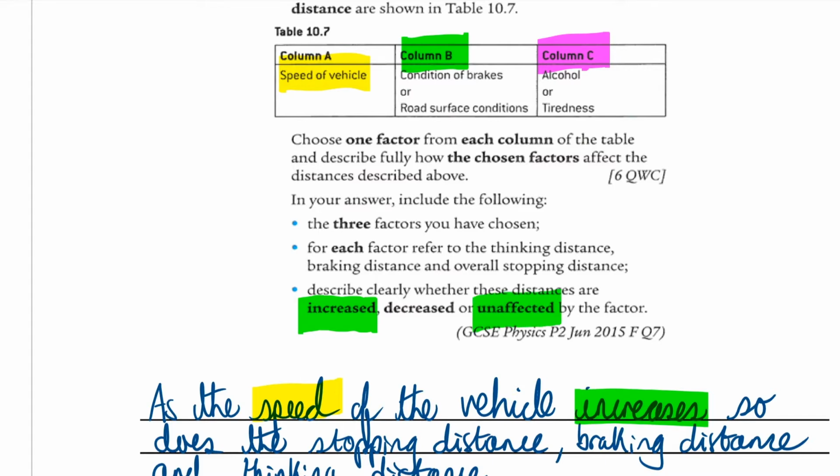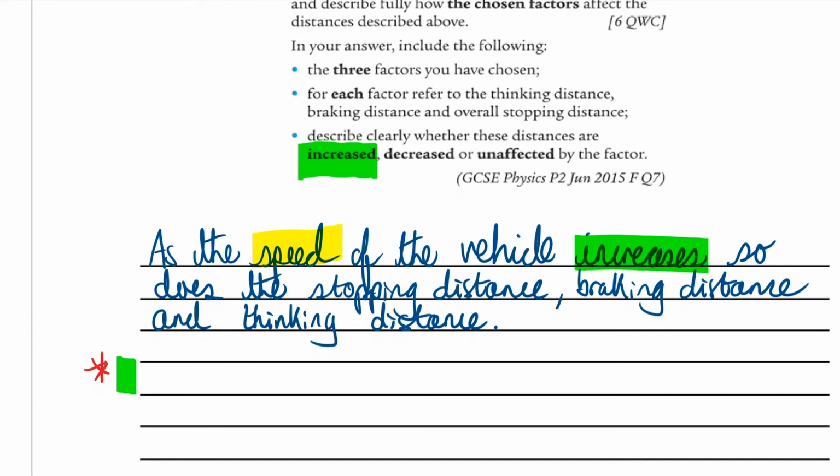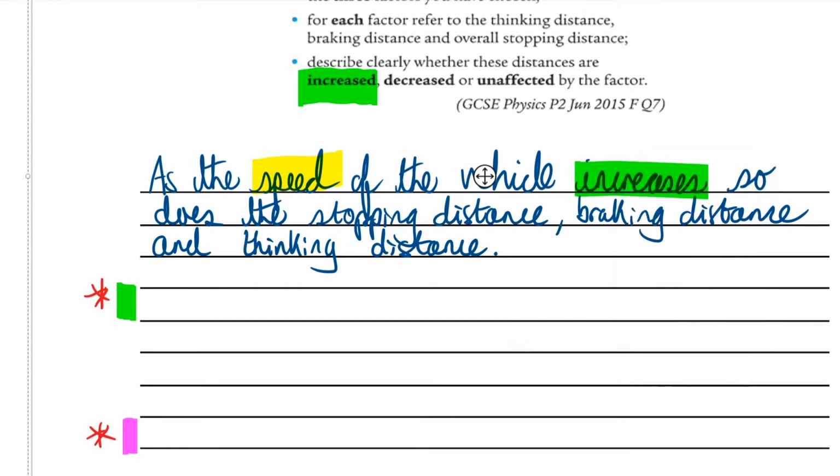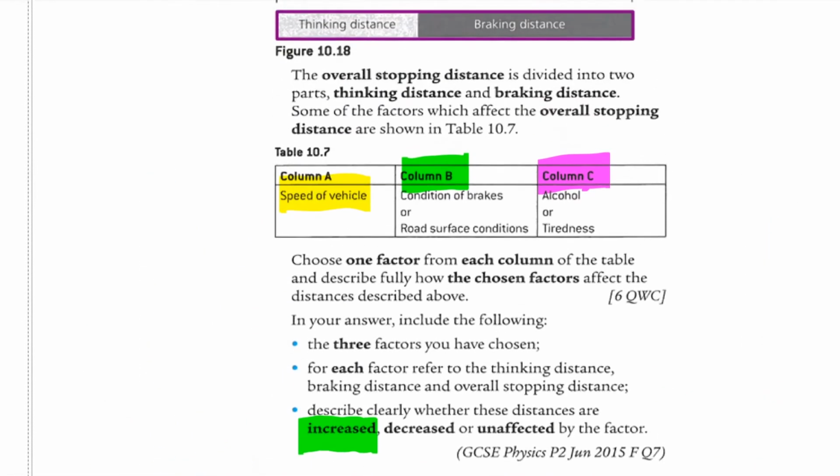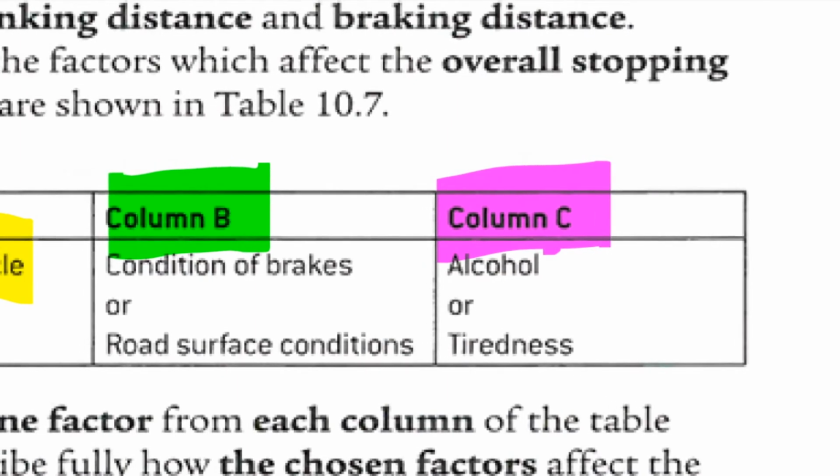I could say that a different way. I could say the thinking distance is unaffected, and it would increase the overall stopping distance. So I've just put 2 red asterisks underneath and highlighted in green and purple, relating to the green and purple columns there.